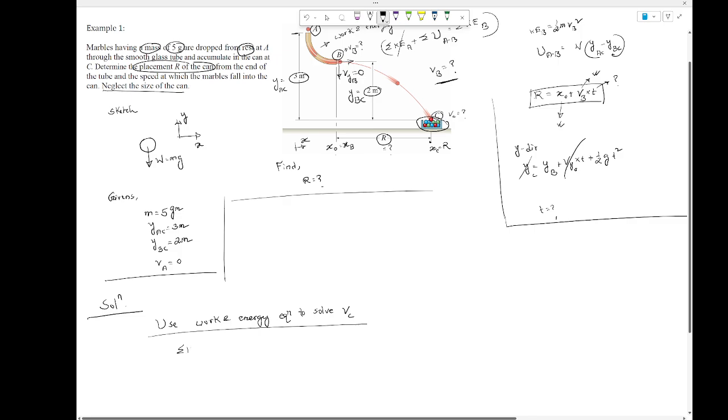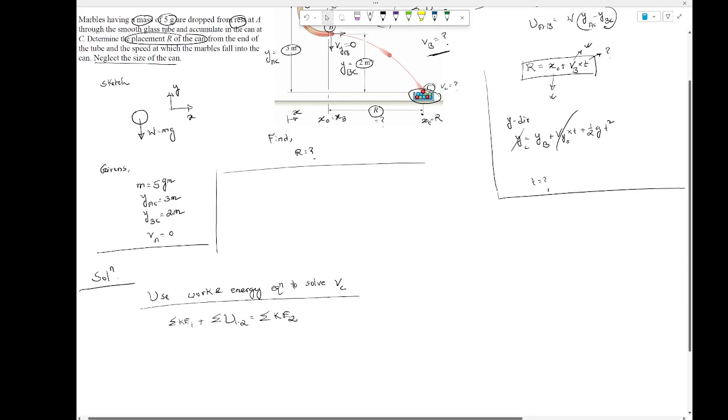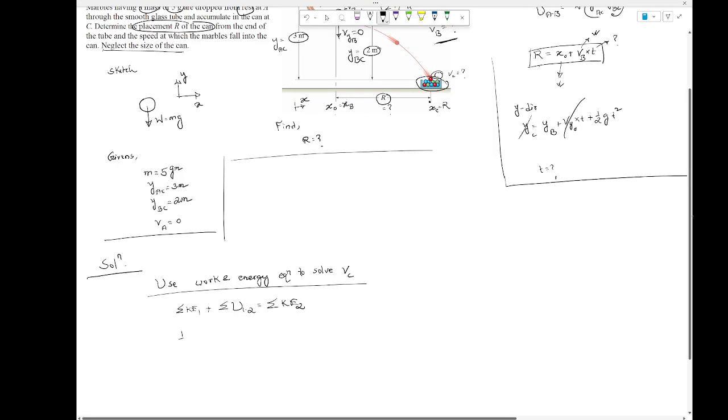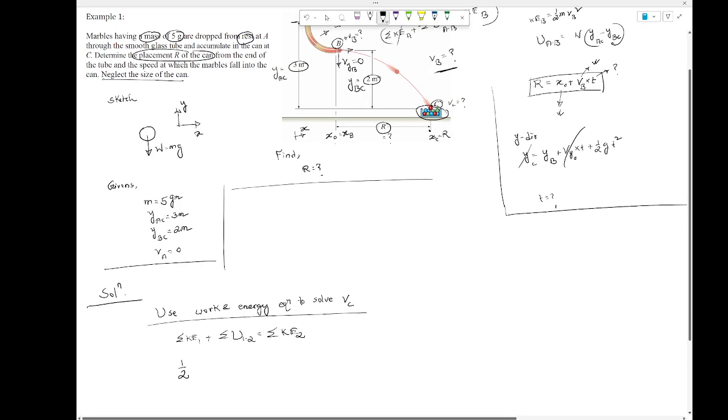So we have this equation. We know the kinetic energy at location 1, the work from 1 to 2, and the kinetic energy at location 2. Now, when I'm saying location 1 and 2, it can be considered literally anything, like A to B or B to C. So I'm going to go with A to B in this case.